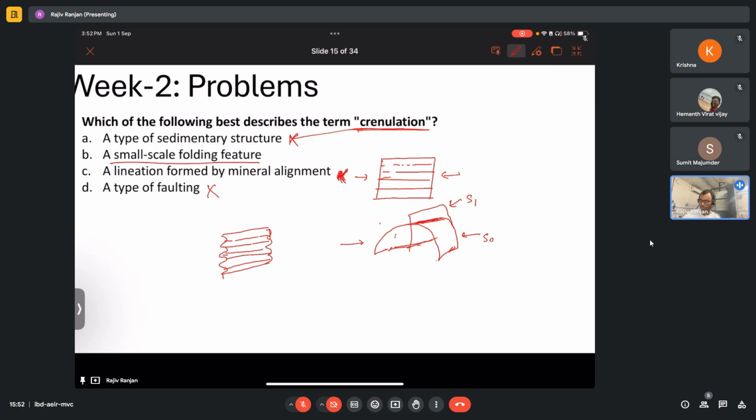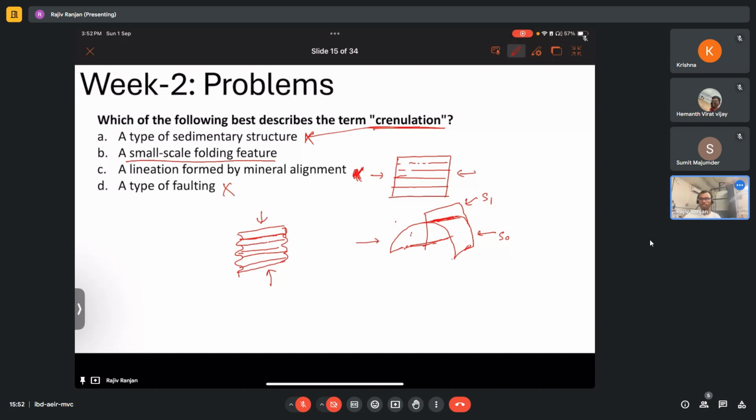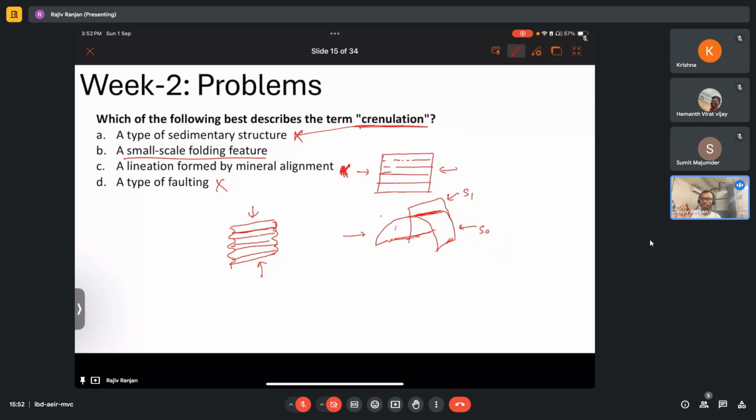Sorry about the terrible drawings. So this is known as crenulations. Crenulation is known for very small scale folds. In very intense deformation, there could be mineral segregation, which we will discuss in the upcoming slides. So small scale folding is involved, and lineations formed by mineral alignment.